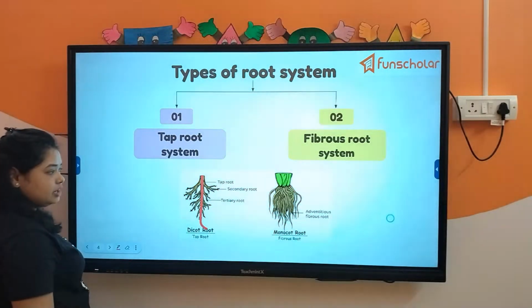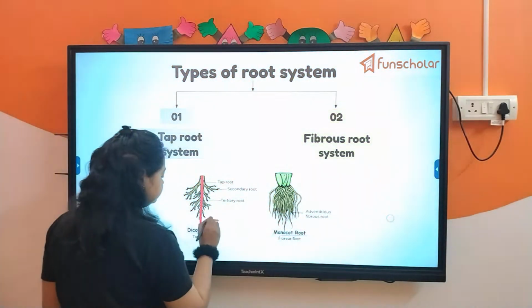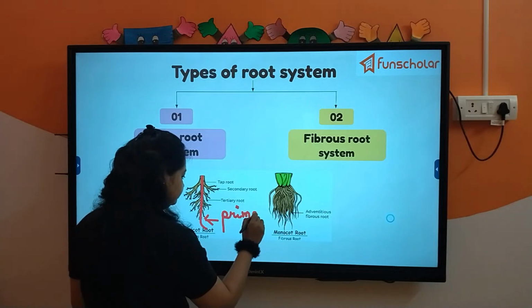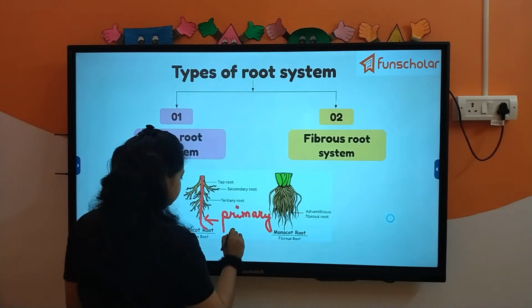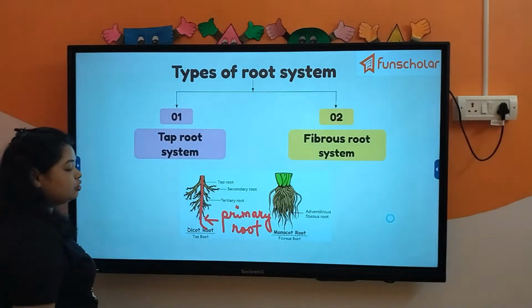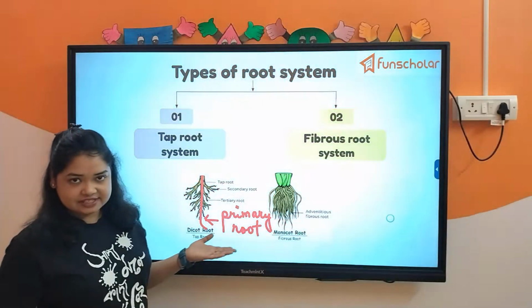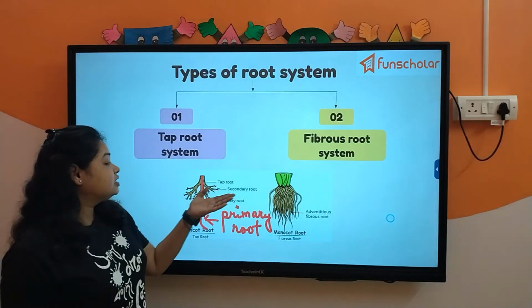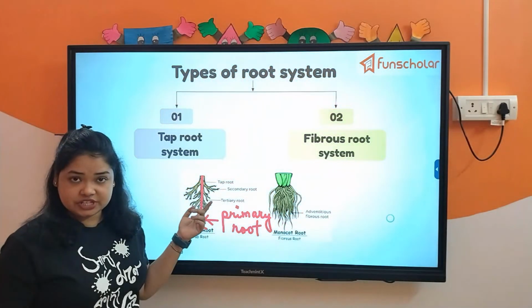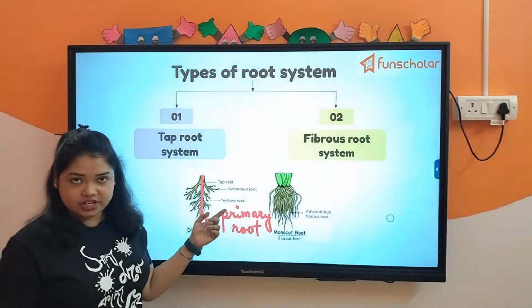A main primary root will be there. And this primary root will have branches. Those will be known as secondary root. And when secondary root will bear branches, they will be known as tertiary root.